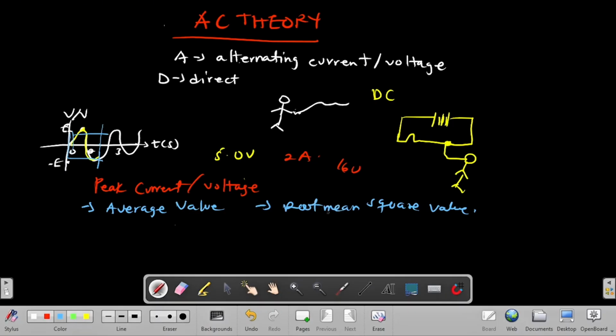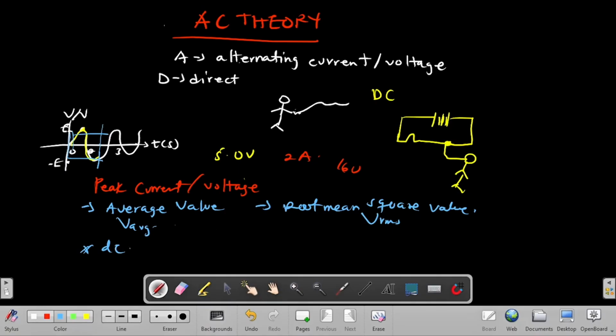Okay. What about root mean square? When you talk about root mean squared value, mostly VRMS. This one is represented as VAVG. Take note of that. Root mean square value is a value which we use to characterize an alternating current or voltage, but it is defined as the value of a DC which, when flowing through a given resistance for a given time, produces the same heat as our AC.